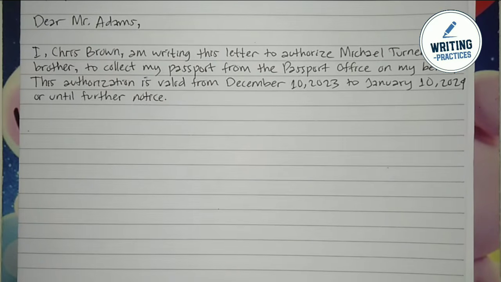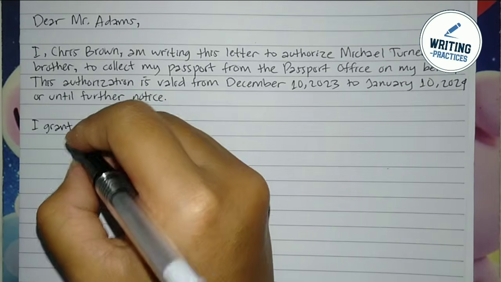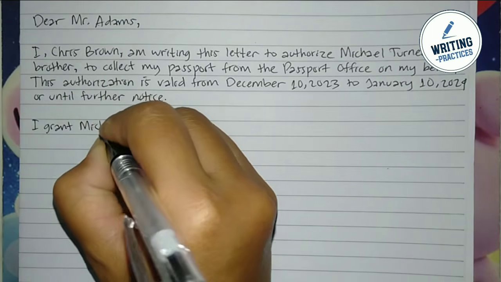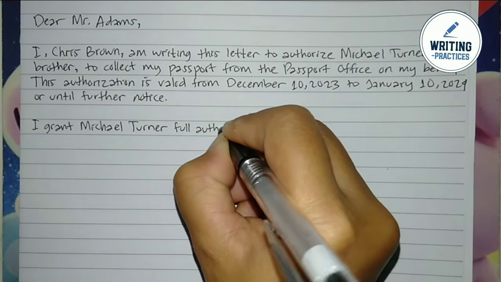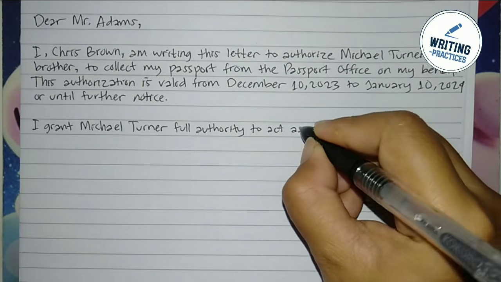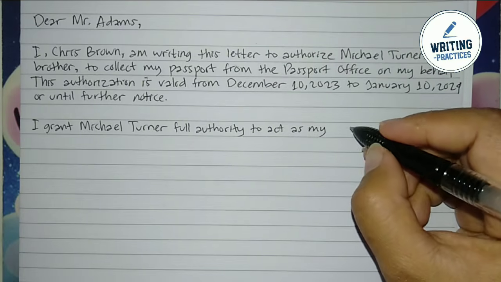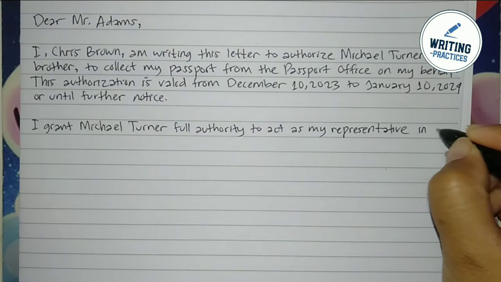In the second paragraph, mention any specific instructions, limitations, or conditions related to the authorization. You really have to write them in detail, so everything becomes clear. For example, "I grant Michael Turner full authority to act as my representative in all matters related to the collection of my passport."